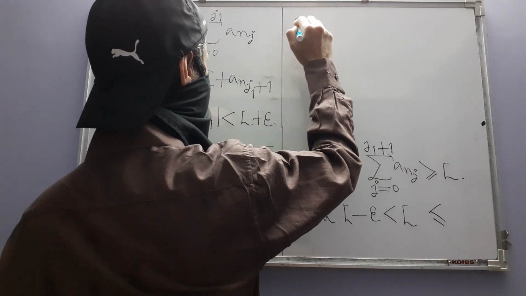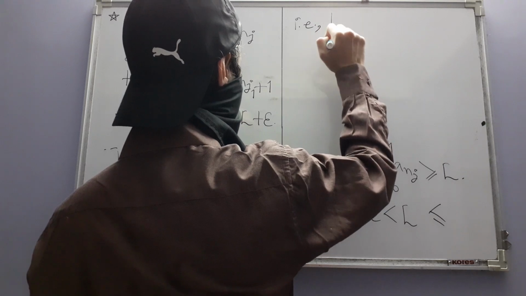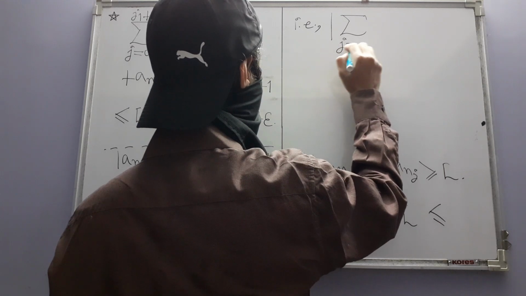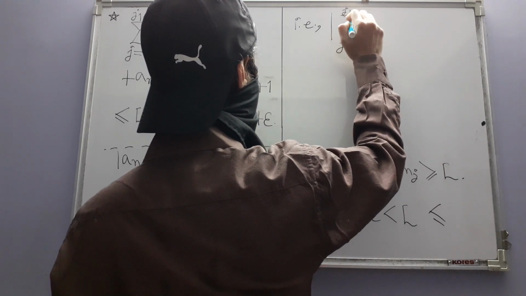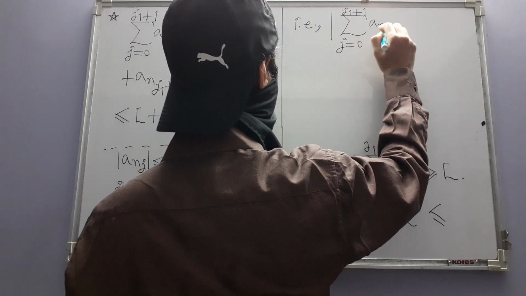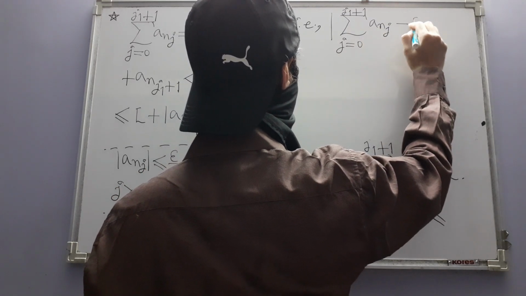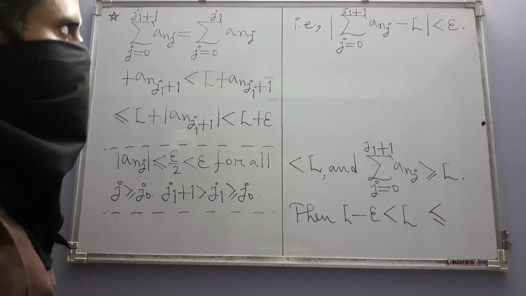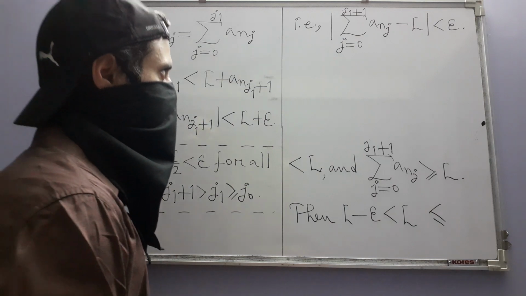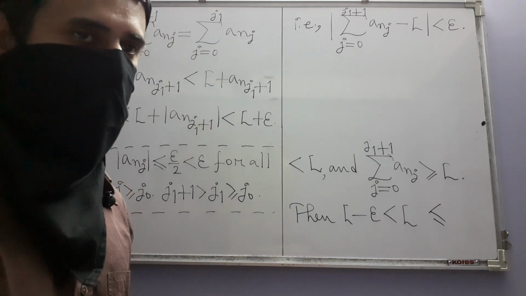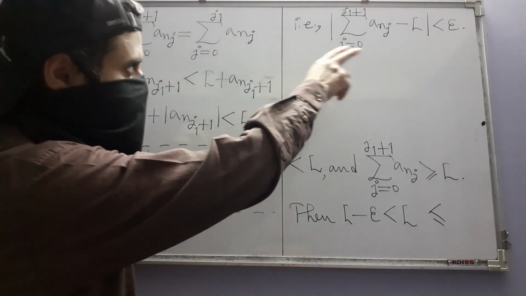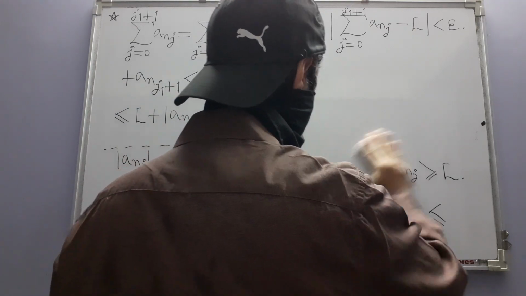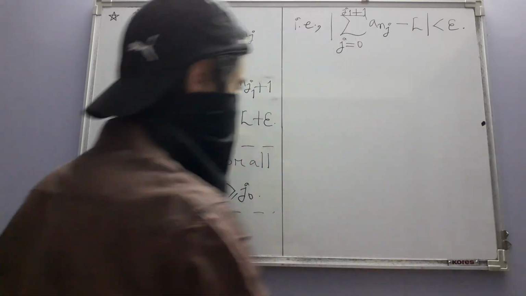And those inequalities are equivalent to this one: the sum of a n j from 0 to j1 plus 1, minus L, is less than epsilon in absolute value. Okay. Now we are going to claim something which has this form, the form of this inequality, and which is a more general statement than this, and then we will have to prove that claim.